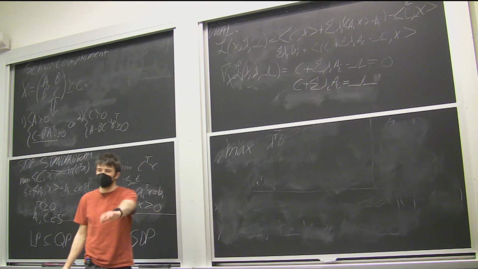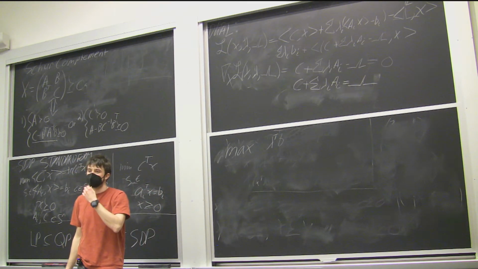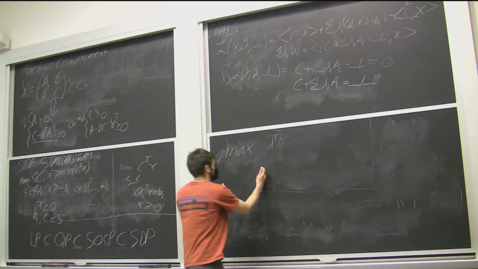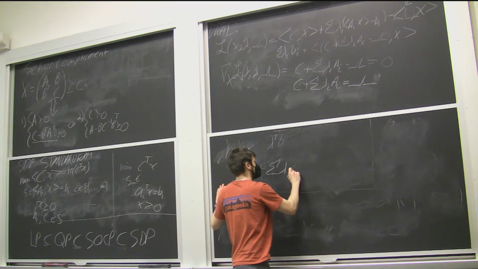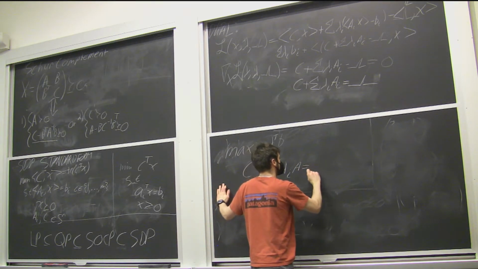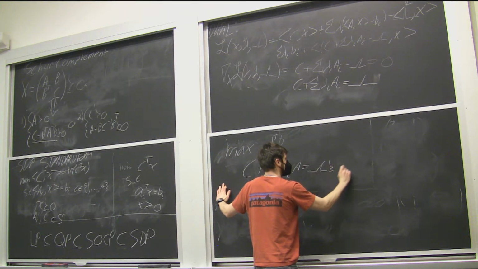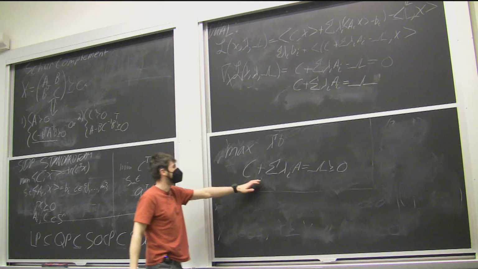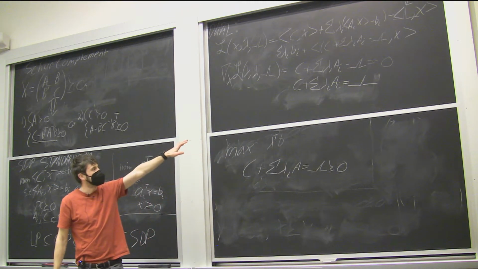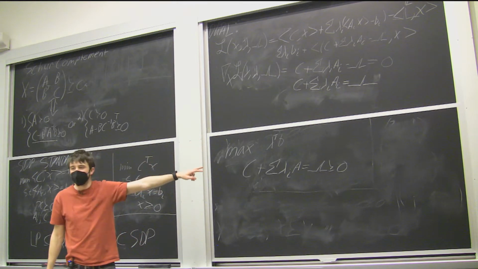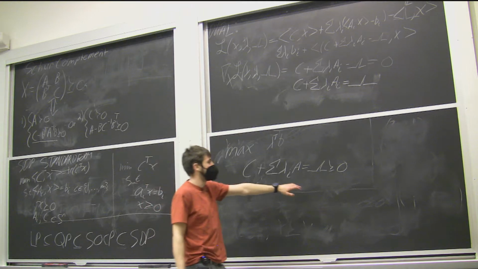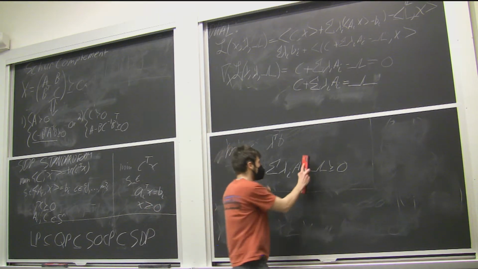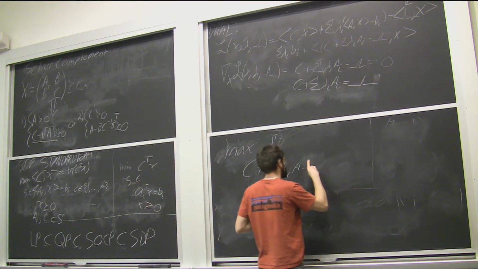What are the conditions under which I'm doing this? I get that C plus the sum of lambda_i A_i has to be equal to some positive semi-definite matrix. I don't actually need to carry this equality around. I can just ask for this matrix to be positive semi-definite.